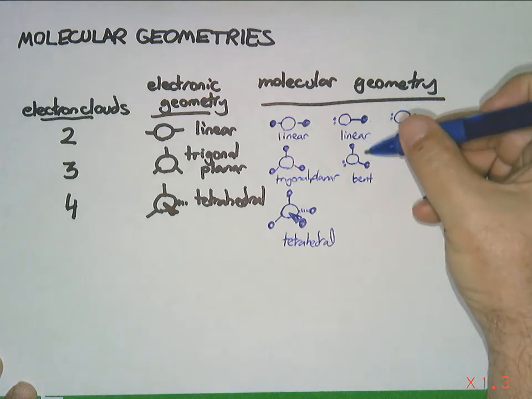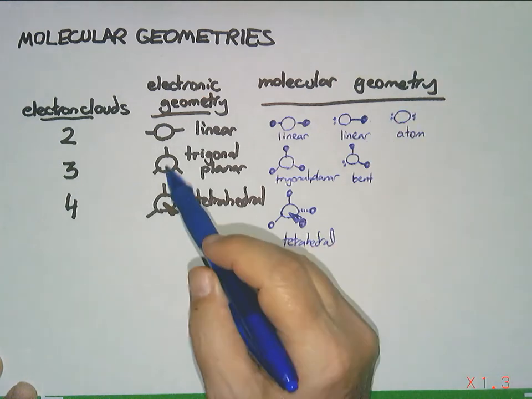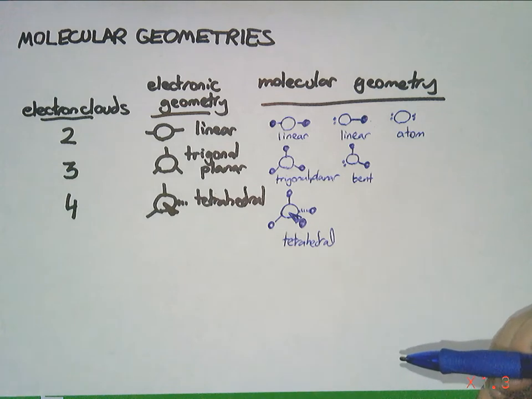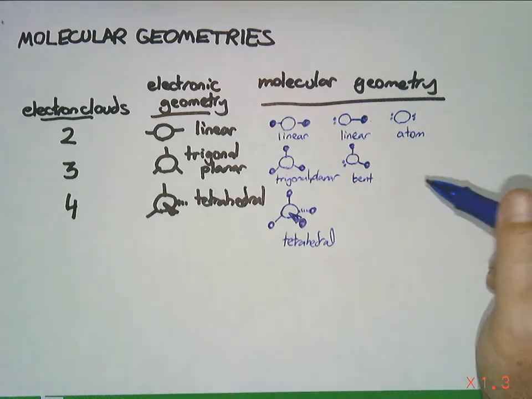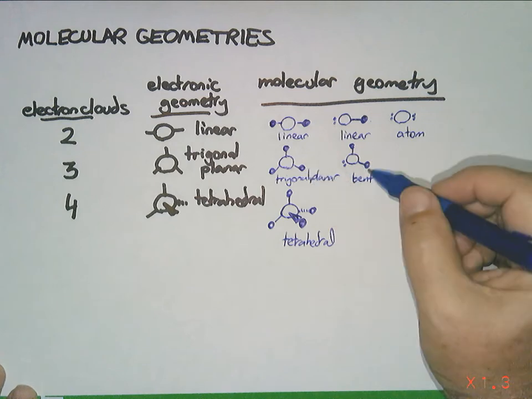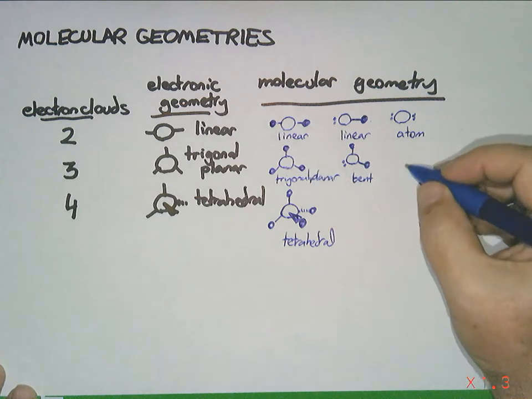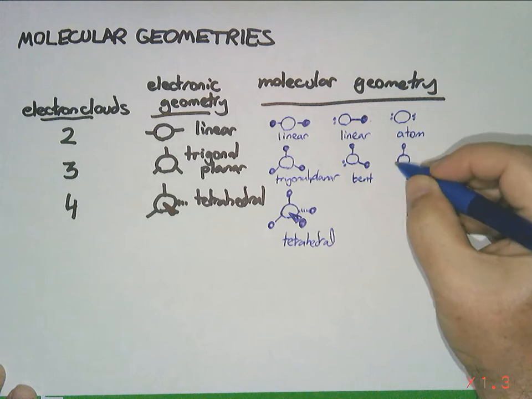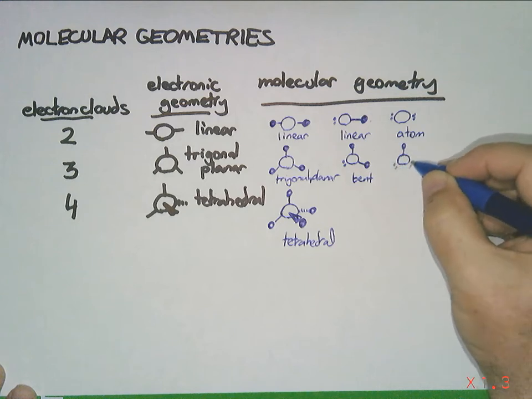You'd have about a 120-degree angle there because trigonal planar geometry has a 120-degree angle between each electron cloud. Now what if you had another lone pair, if you took off another arm? So imagine it's like you're pulling off an arm of this structure and replacing it with a lone pair.